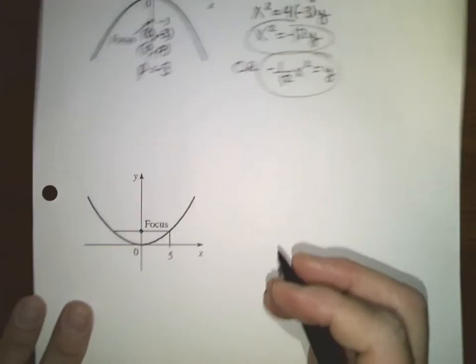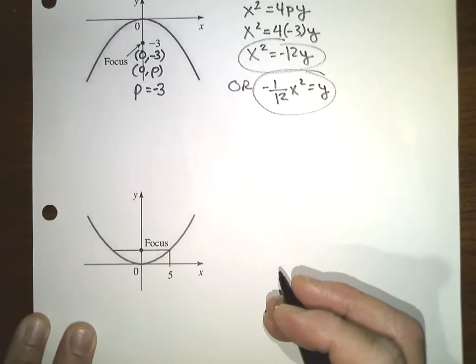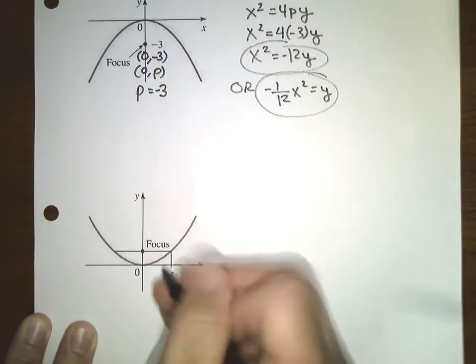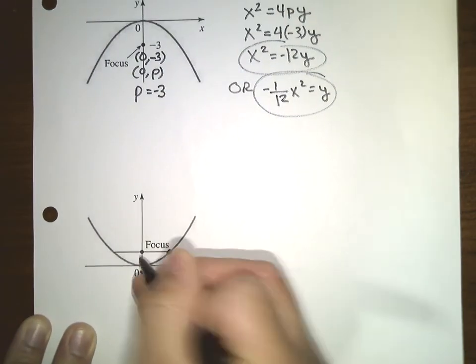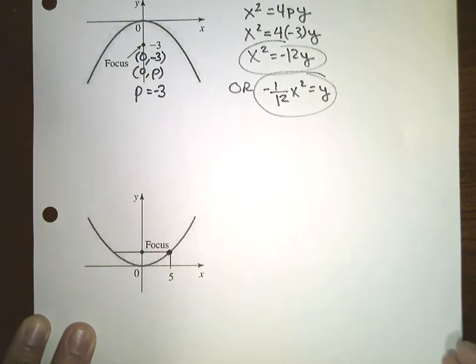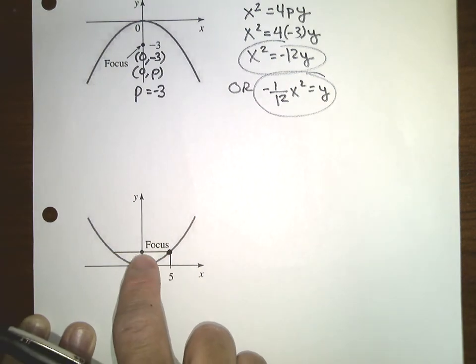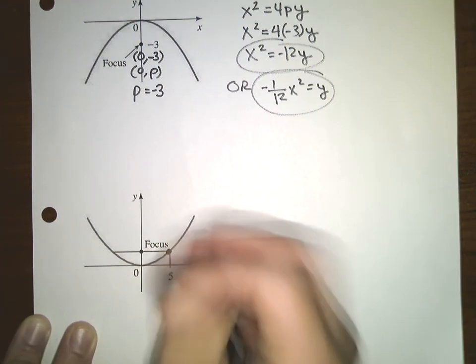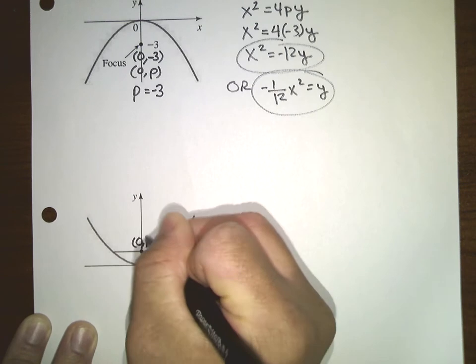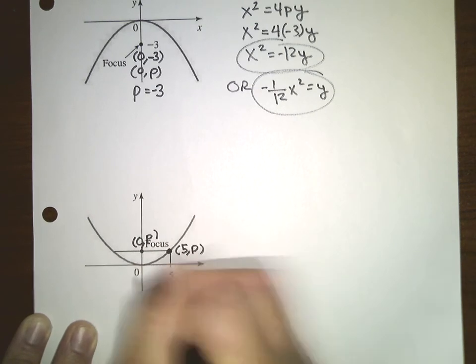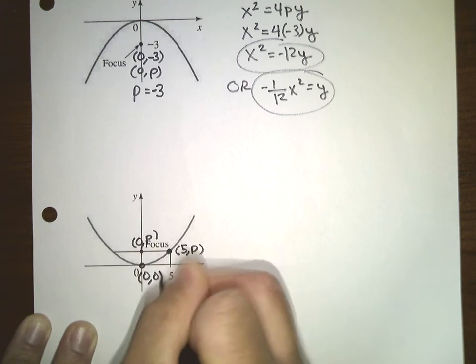So now here's another one. So we have the focus and we have the point right here. So the thing is that we actually don't know how far up the y-axis the focus is. We just know that the focus is at (0, p) and that this point is at (5, p), and then the vertex is (0, 0).